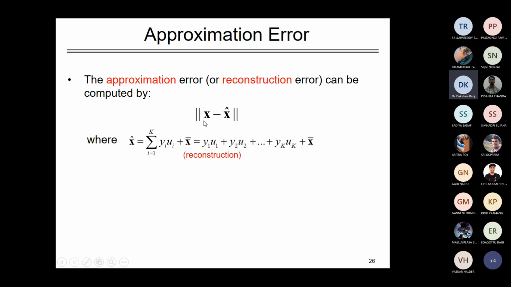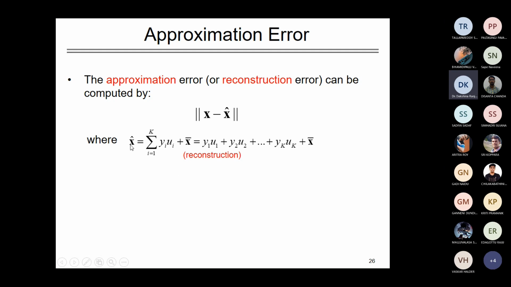So here in this norm of this deviation, the approximation is given by this summation over yi and ui, plus this x. This x bar represents the reconstruction.